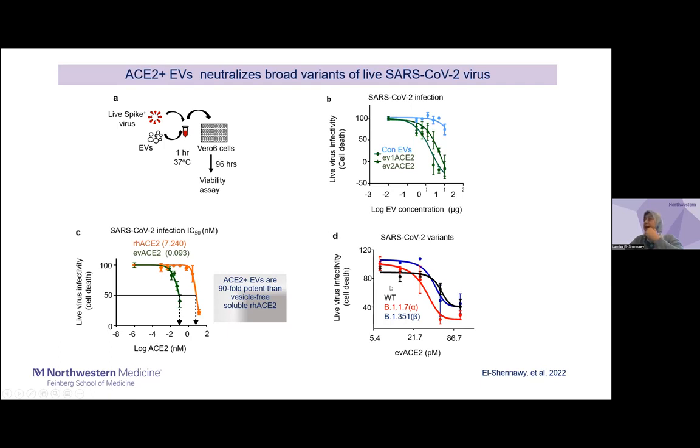The infection of the live variants is neutralized using our exosomes, and we confirmed in alpha and beta variants. Thus, ACE2 positive vesicles neutralize broad strains of live SARS-CoV-2 virus.